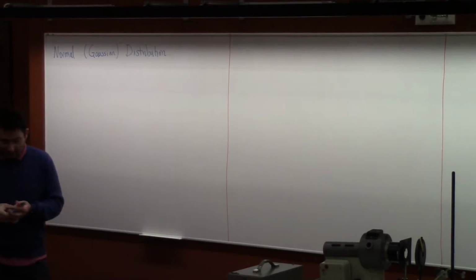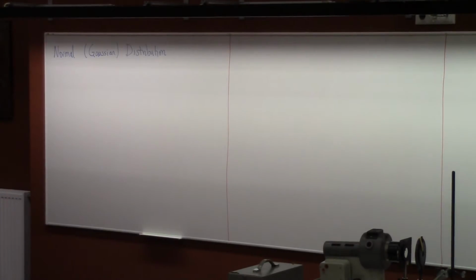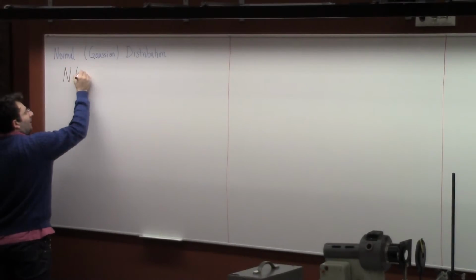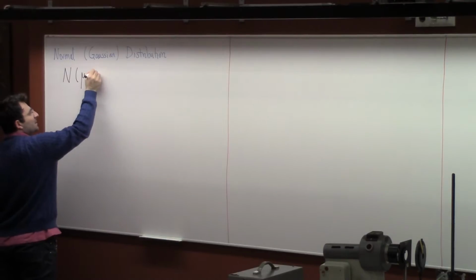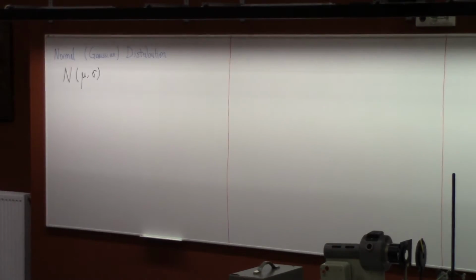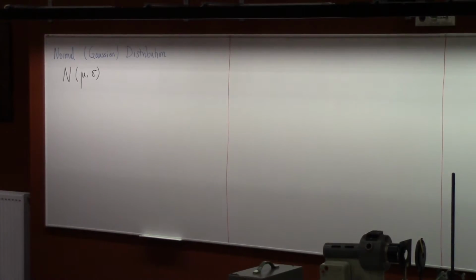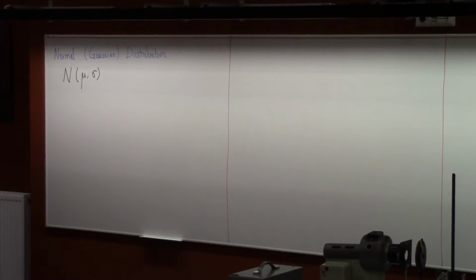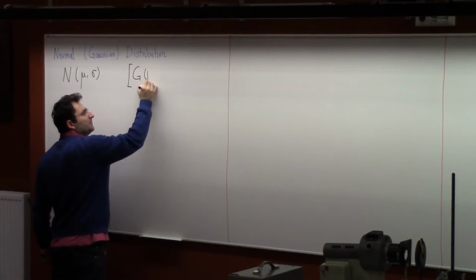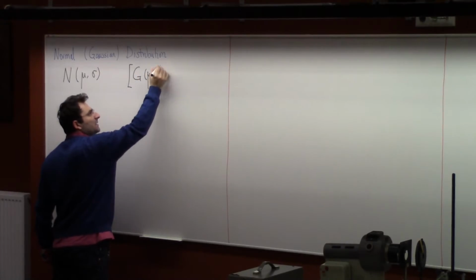And usually we denote this type of distribution as N(mu, sigma), which, if you remember, we said only requires a mean, mu, and a standard deviation or variance in order to draw it. In some books, they show it with G, mu, and sigma, which is the same.